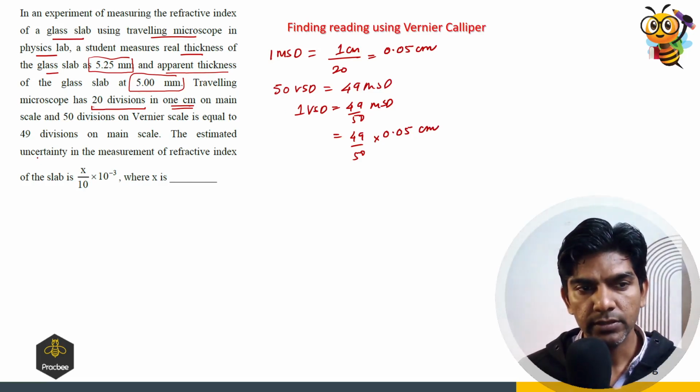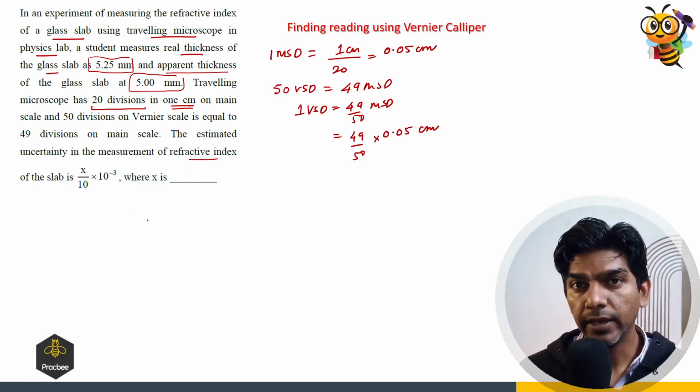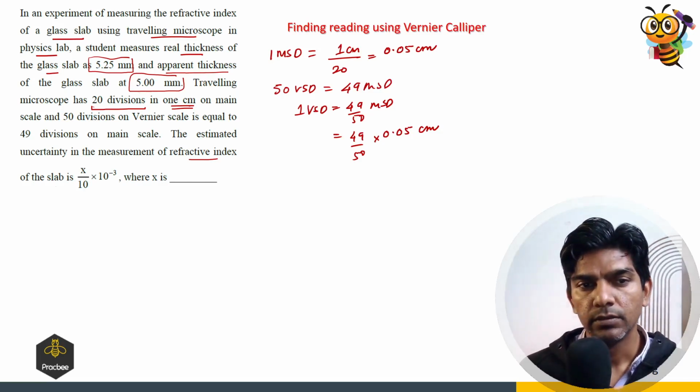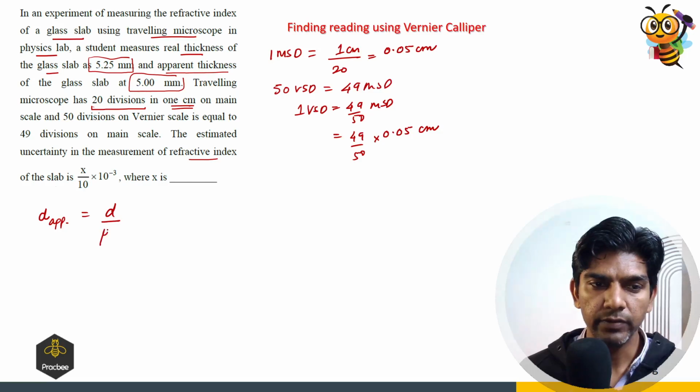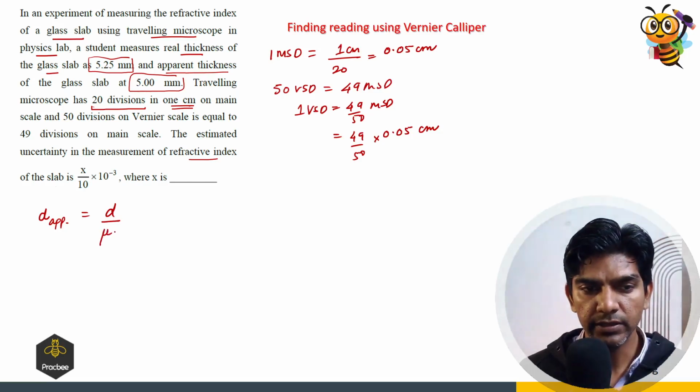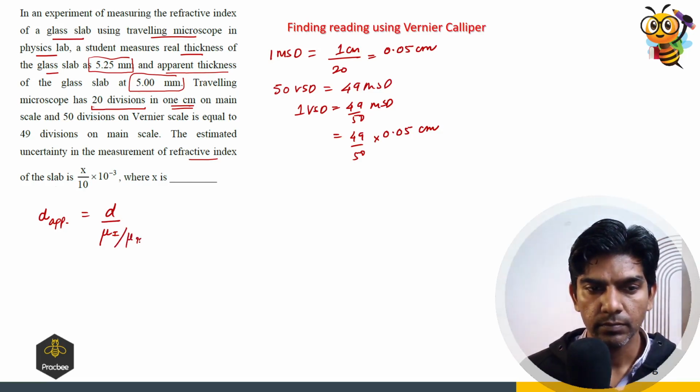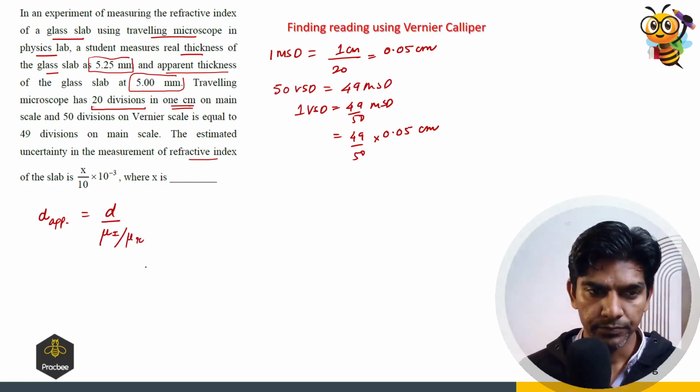The estimated uncertainty in the measurement of refractive index of the slab is, so we have to find the error in the measurement of the slab. So we know that apparent depth is equals to original depth divided by refractive index of the medium of incidence divided by refractive index of the medium of refraction, right?